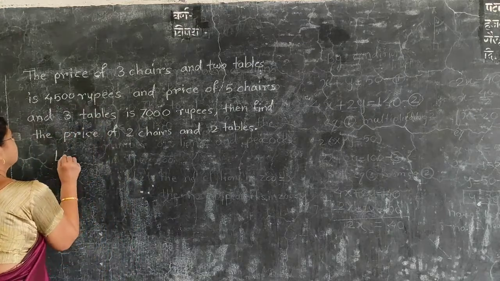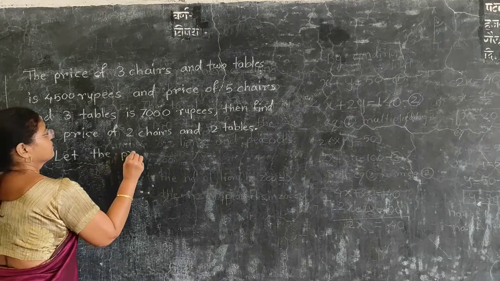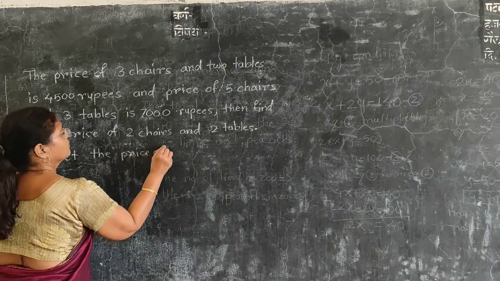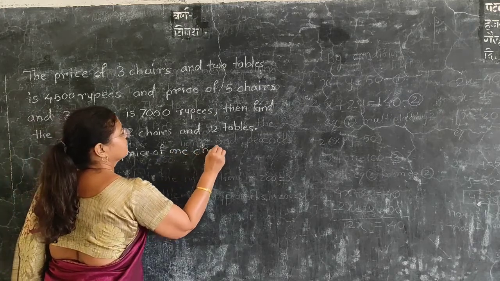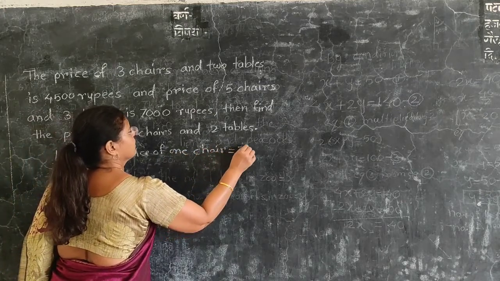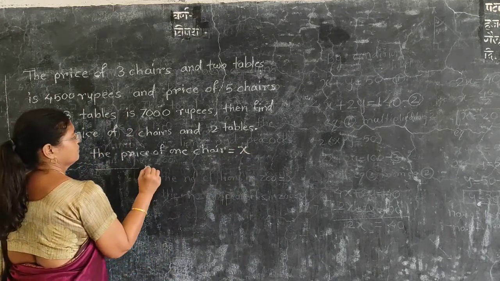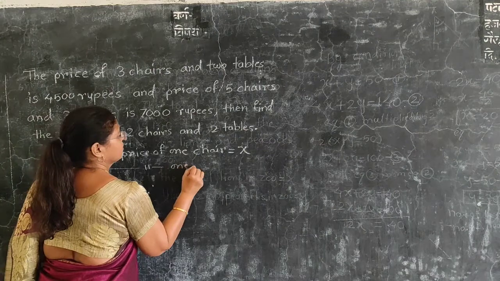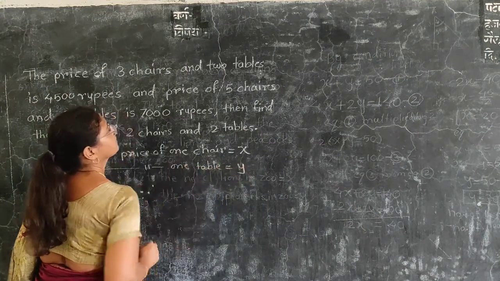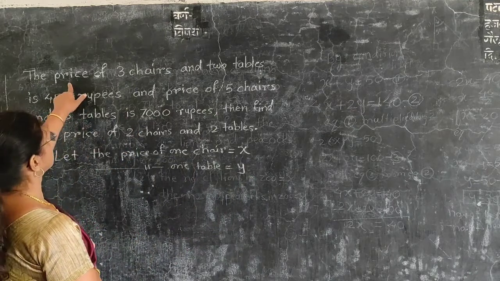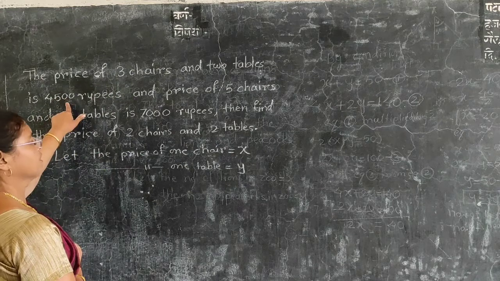So let the price of one chair be x rupees, and that of one table be y.